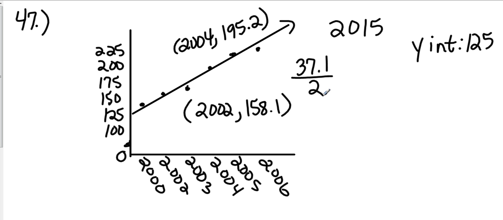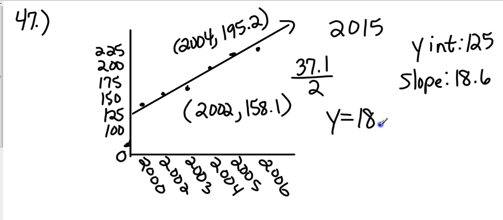So my slope is about 18.6. So that makes my equation y equals 18.6x plus 125.